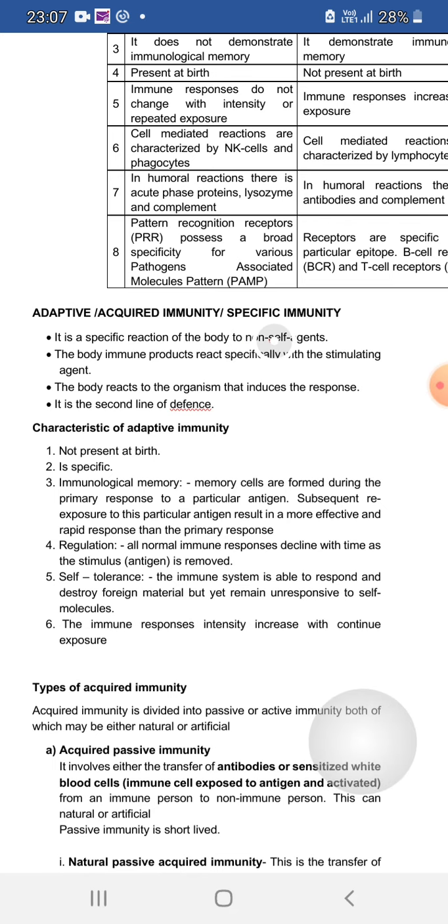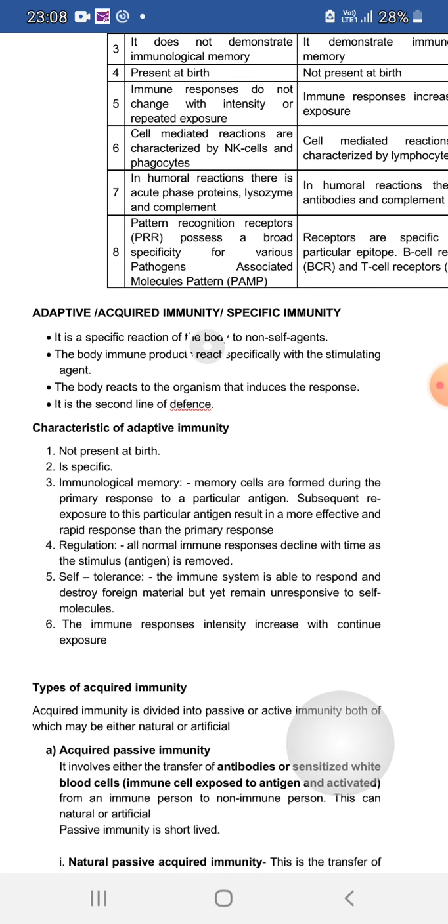The foreign substances are called non-self, and the body will therefore react against them. So adaptive immunity knows what belongs to its host body, called self, and what is foreign, called non-self. The body will react specifically to these foreign agents. We said they could be living microorganisms or substances or chemicals.